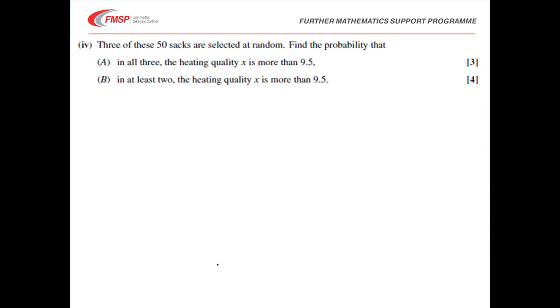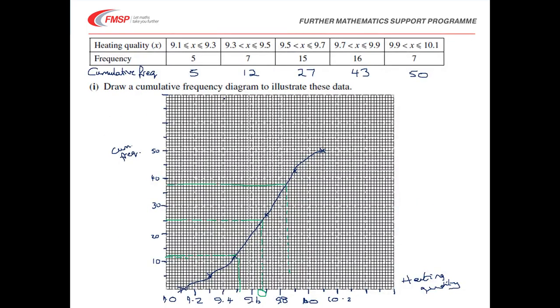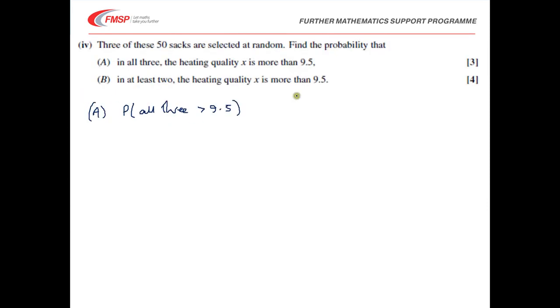And then on to the probability questions. So we've got 3 sacks selected at random. Probability that all 3 are more than 9.5. So let's go back and have a look. So above 9.5, 15, 16 and 7 is 38. So we have 38 sacks out of 50.